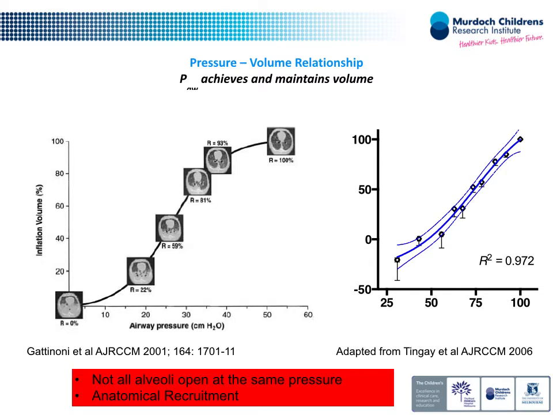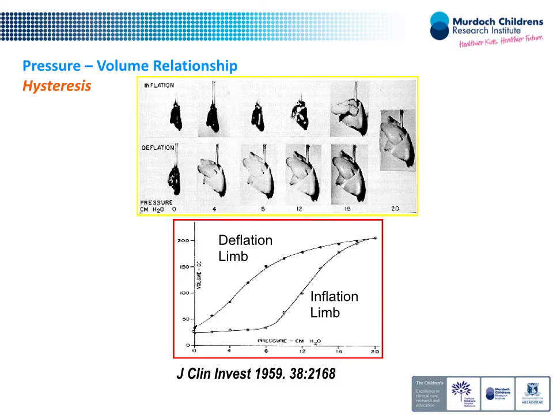You can see the overall relationship we defined is consistent with what we'd expect to see in the lung, this sigmoidal relationship, where initially you have very, very little volume change when you engage a pressure change, because the lung is essentially de-recruited.